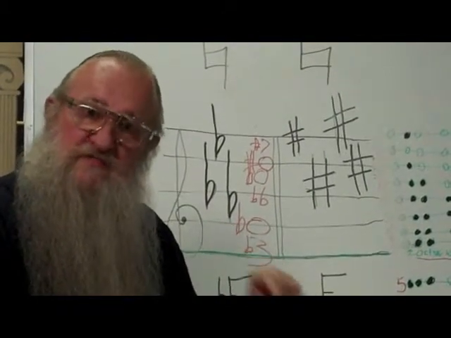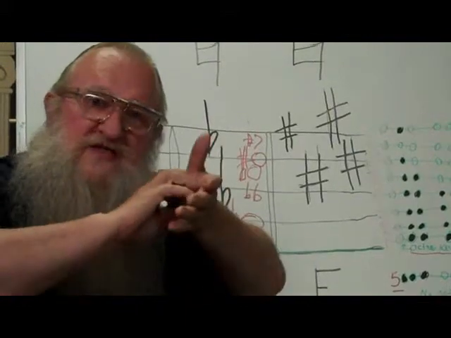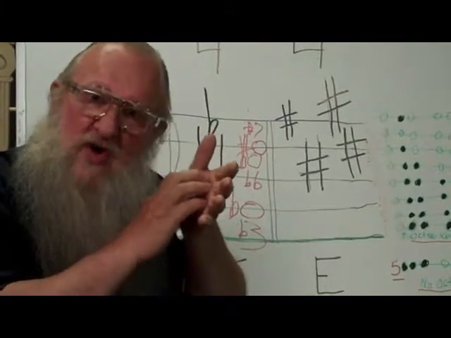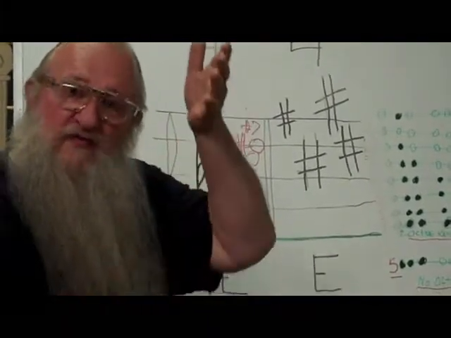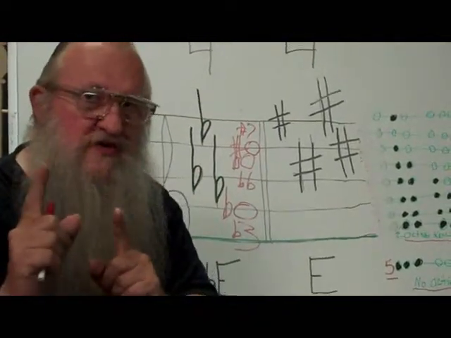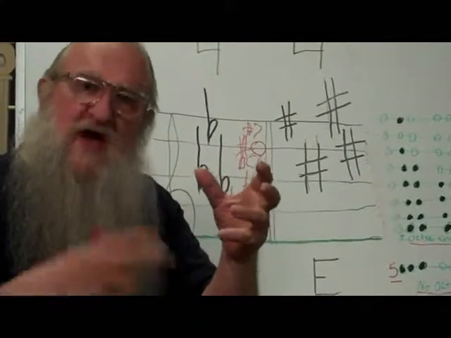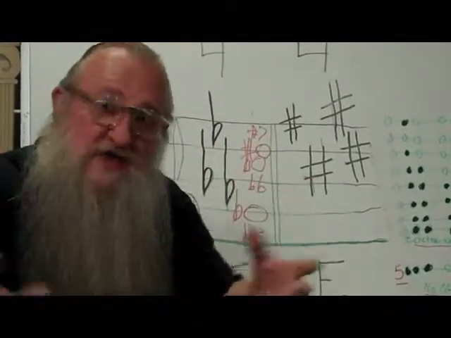It would still be B neutral, because when you put an accidental on a note, it only affects that note and that note only. It does not globally affect them in any of the other octaves. That's really important to know if you're reading a lot of Gershwin, because Gershwin uses a lot of flats and neutrals in his pieces.